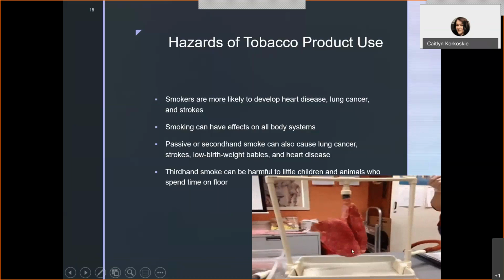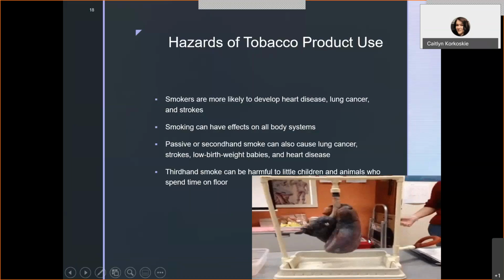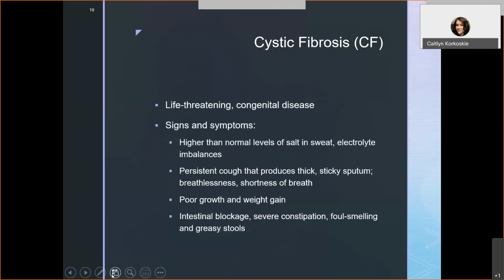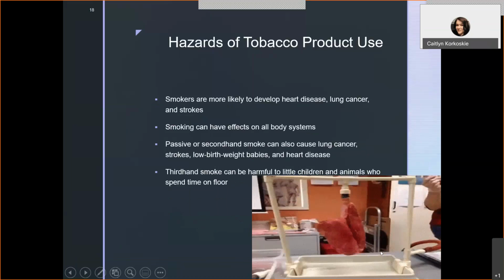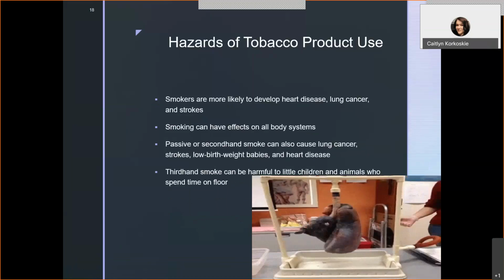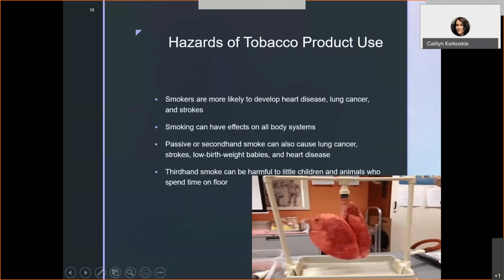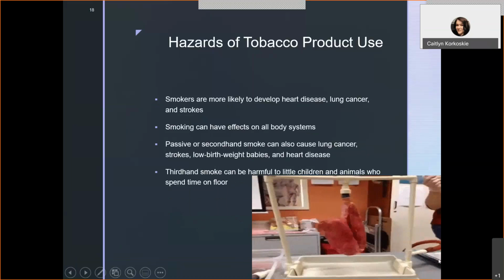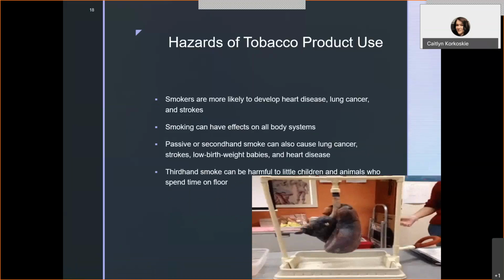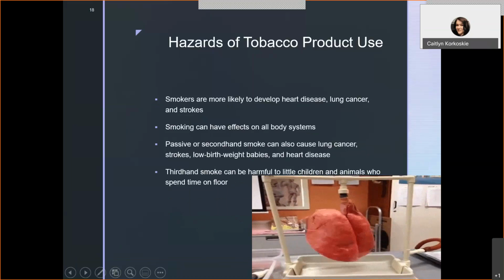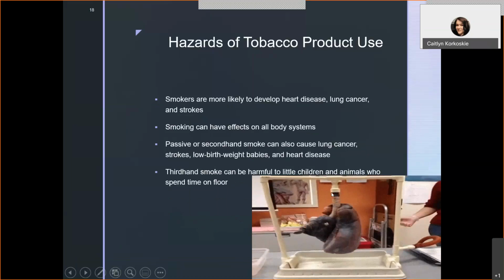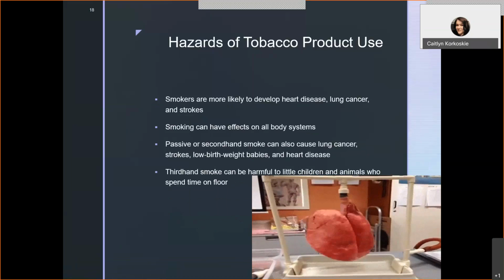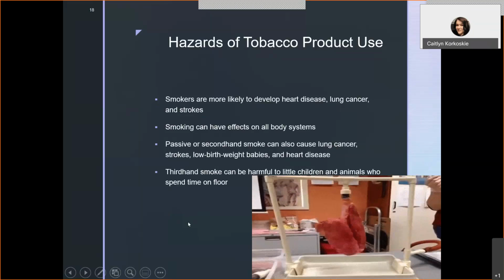And this is what a healthy lung looks like versus someone who was a smoker. You can see they're not absorbing as much air. Other hazards of tobacco products are heart disease, lung cancer, and throat cancer as well, and you have a higher chance of stroke or hypertension. It has all sorts of effects on the body.